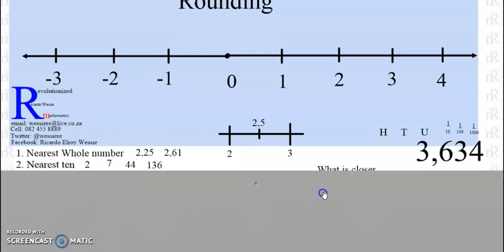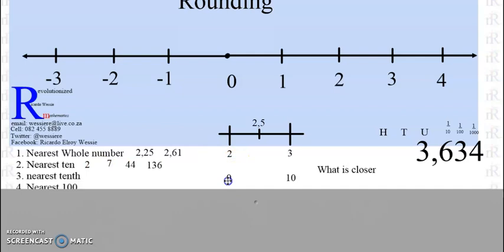When I look at the next one, I must round it to the nearest 10. So the number is 2. So if I round to the nearest 10, I'm working with 0 and 10. So the halfway mark would be 5. 2 will be before 5.